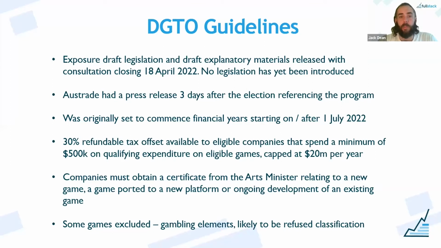So nothing actually got put before Parliament, and we're not really sure what's going to happen with that one. That was going to provide a 30% refundable tax offset, similar to the R&D tax incentive that I'll get into. You could get a cash refund if you were spending more than $500,000 on developing a video game, essentially.